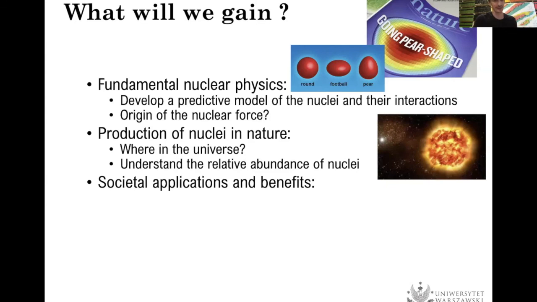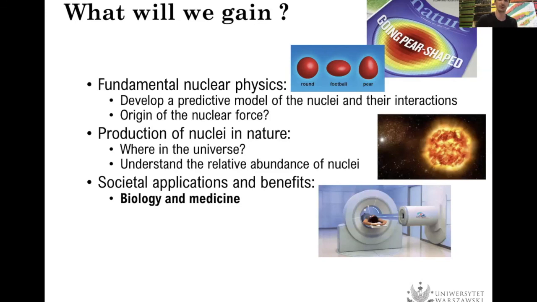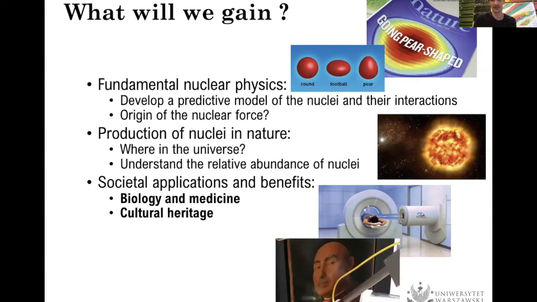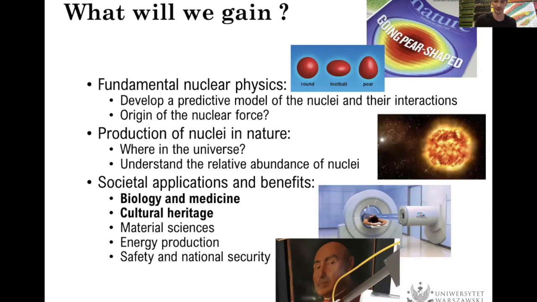Then, from the structural point of view, nuclear physics also has some societal applications and benefits, of course. We will see in this lecture mostly the implications for biology and medicine and for cultural heritage. But those are not the only fields in which nuclear physics can have some implication. It has implications for material science.